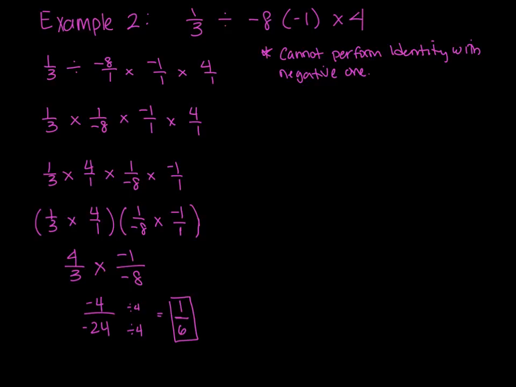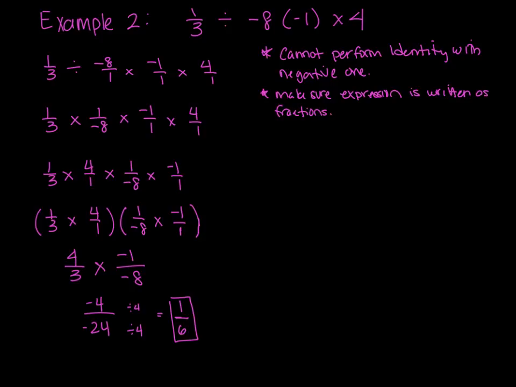Instead, what I did is I made sure that the whole entire expression is in fraction format. So let's put down, make sure the entire problem, expression, is written as fractions.